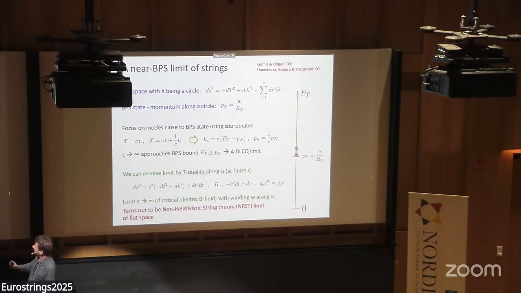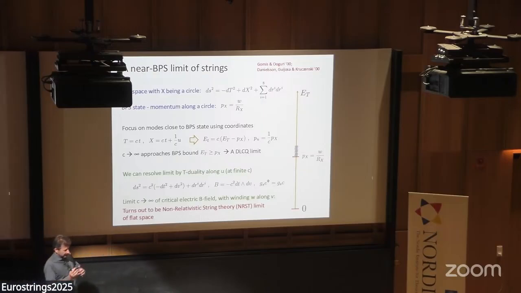However, if you take a T-duality along this compact direction before you take C to infinity, then you get this background instead with a critical electric B field, and now the C going to infinity limit has transformed itself into the so-called non-relativistic string theory limit, in this case in flat space.